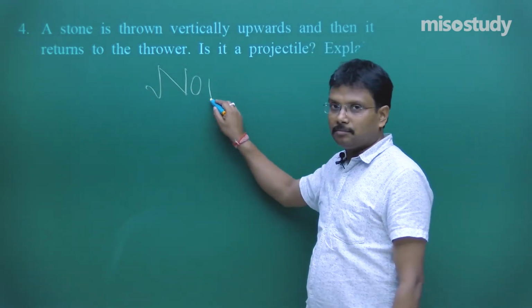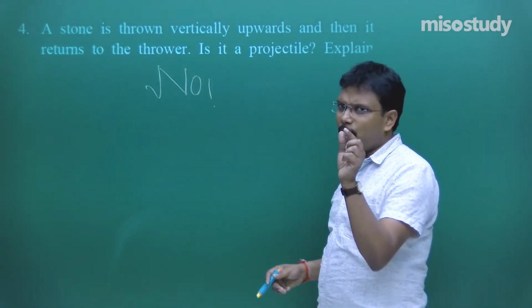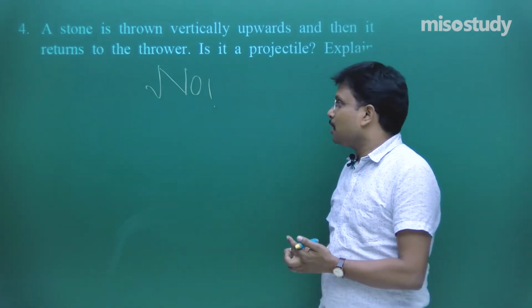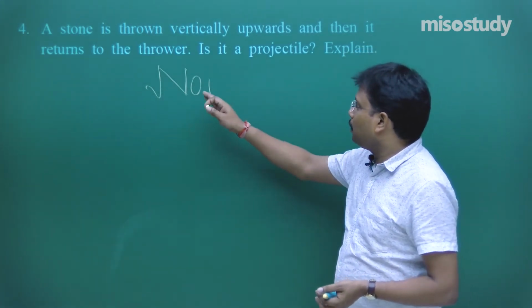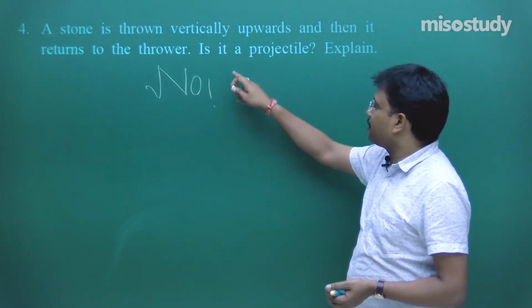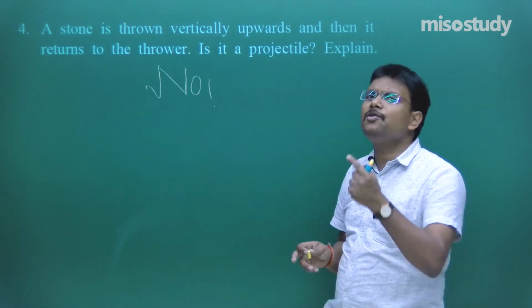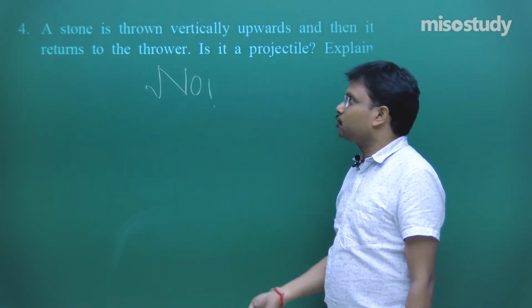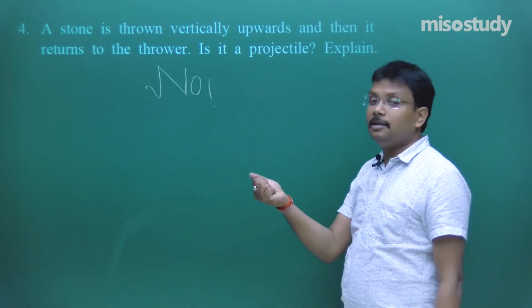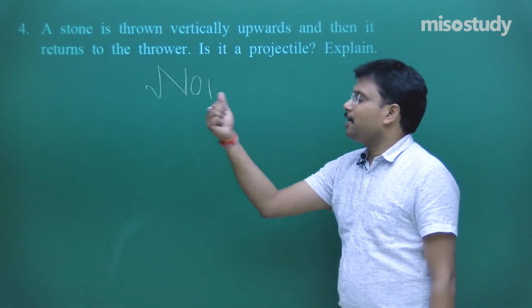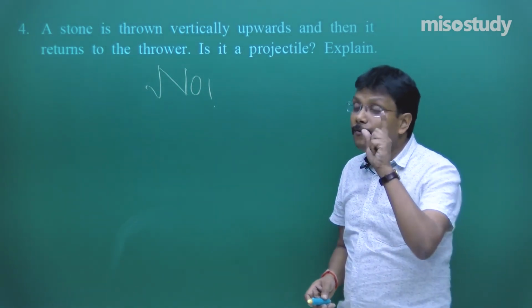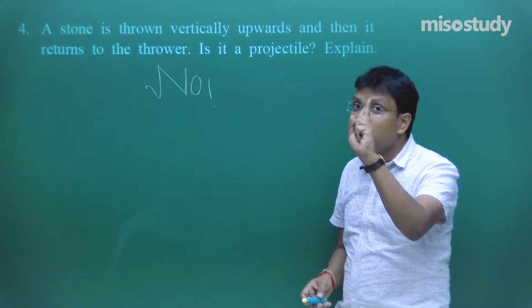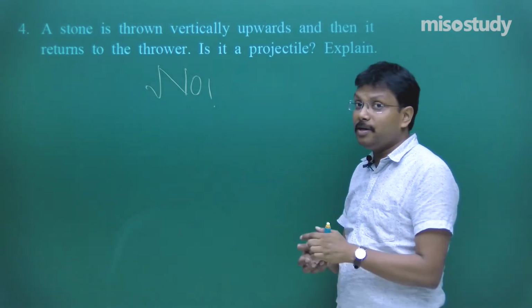Why? Because it is 2 marks, you have to write at least 1.5 lines. First you will write no. Is it a projectile? The answer is no. Then explain, you can write 2 lines. What are those lines? Once again watch this experiment, and then it is coming to my hands. The first point is because velocity has only one component in this situation.